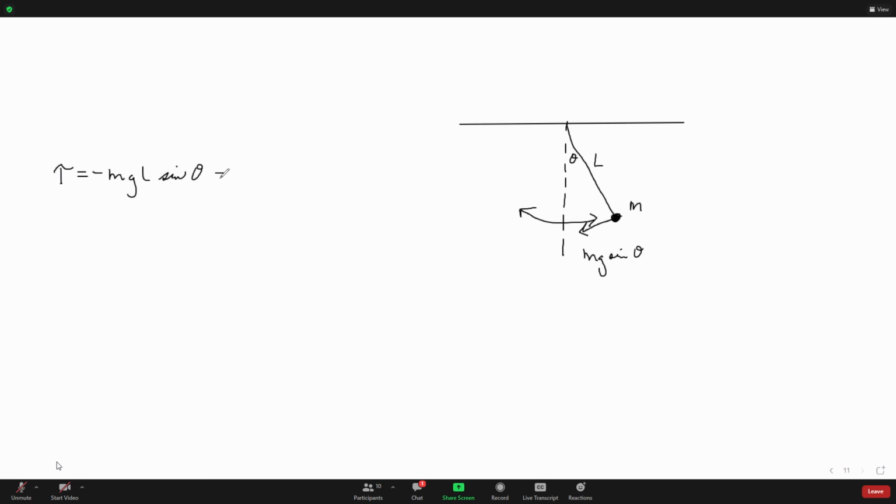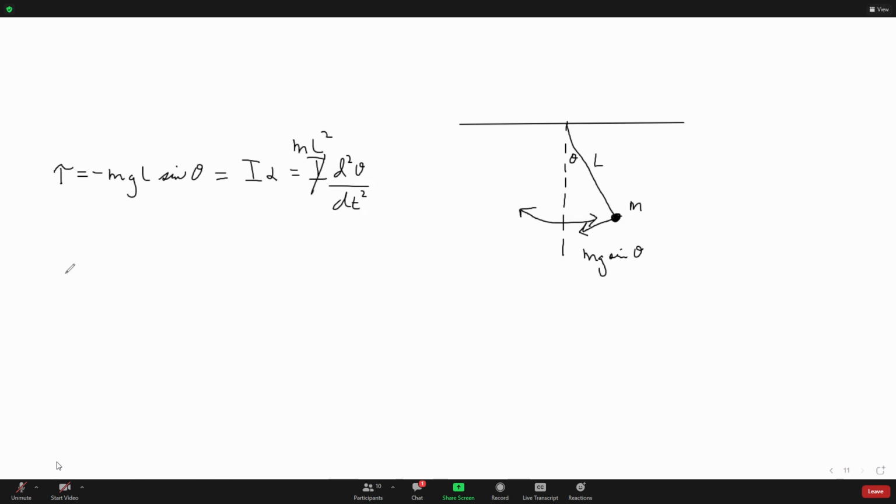But that, from Newton's second law, is equal to I alpha. And alpha is equal to d squared theta dt squared. But now what is I? For a point mass, I is ml squared.